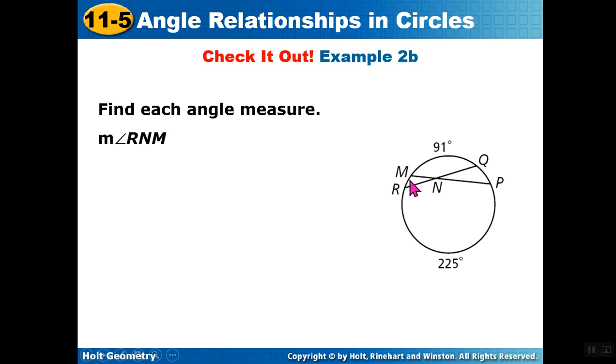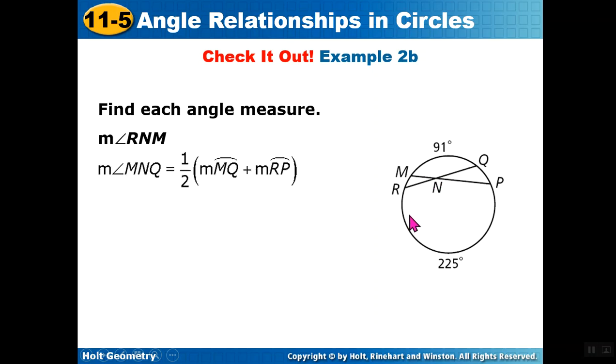What do we have to do to find the measure of this angle? The given information is about those two arcs, MQ and RP. So we can find the measure of this angle, then subtract it from 180 because those are a linear pair.